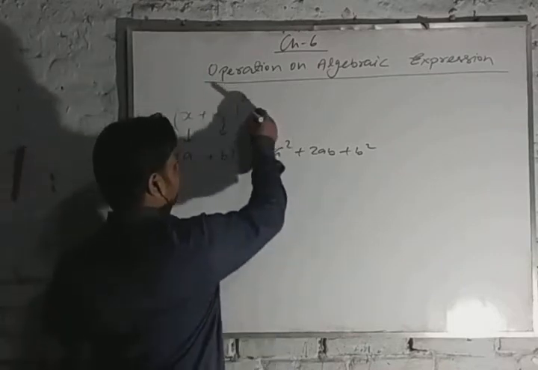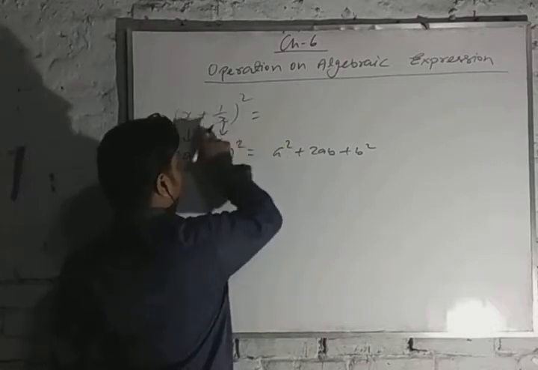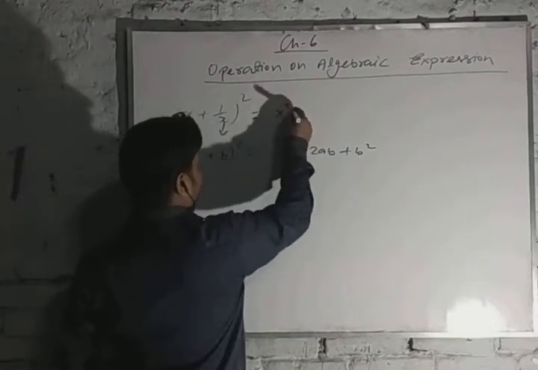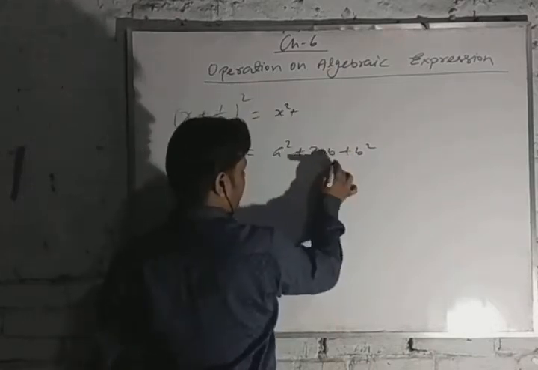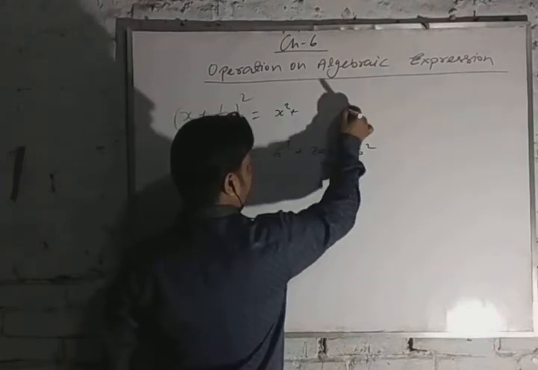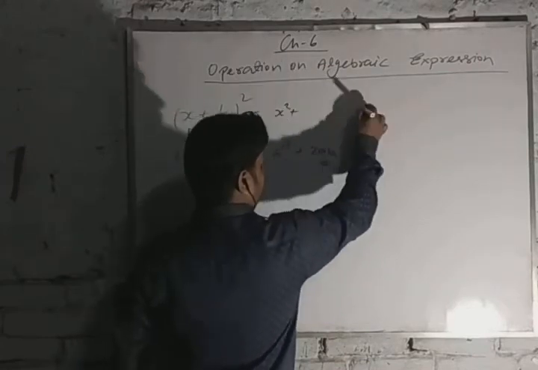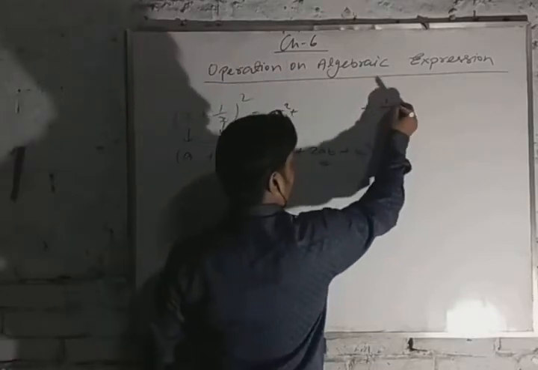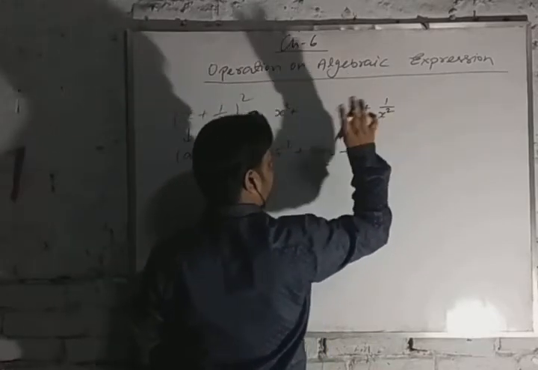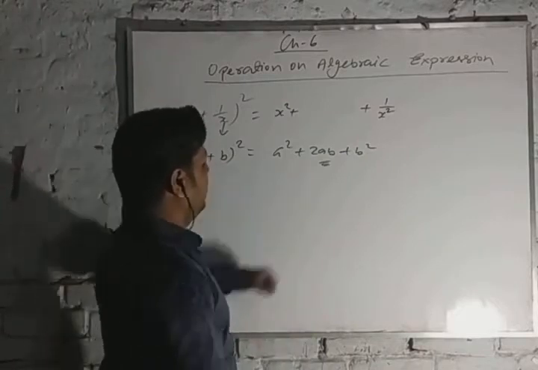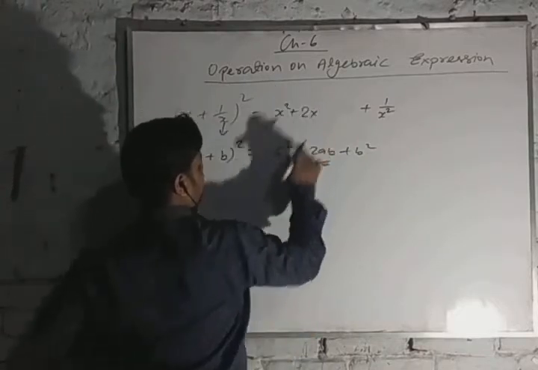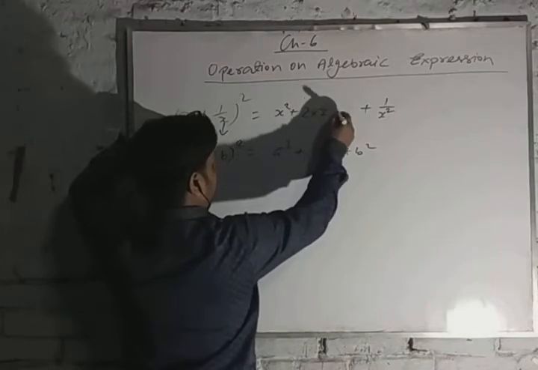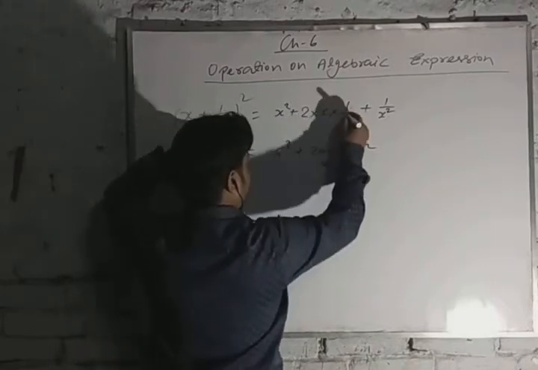So let's see. A square, that is x square, plus, the middle term we will solve last. Now at last, b square is 1 by x square. So 1 square is 1 and x square is x square. Now 2ab, 2 into a, x, and b, 1 by x.